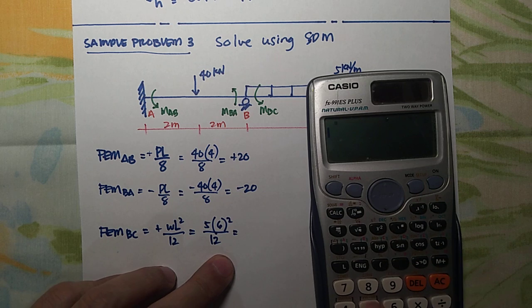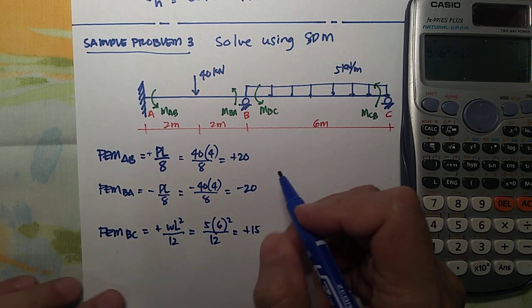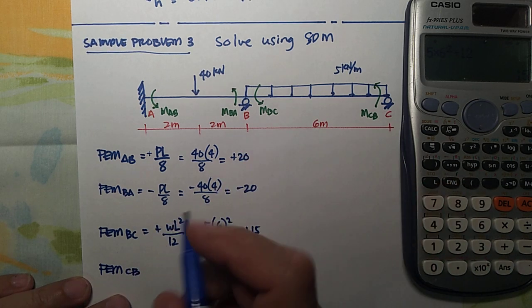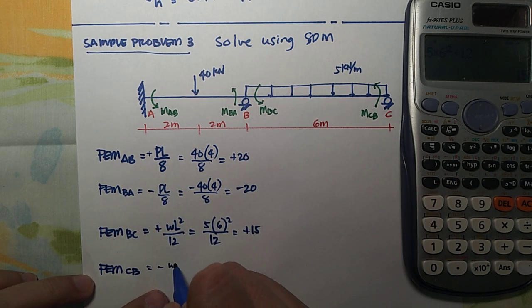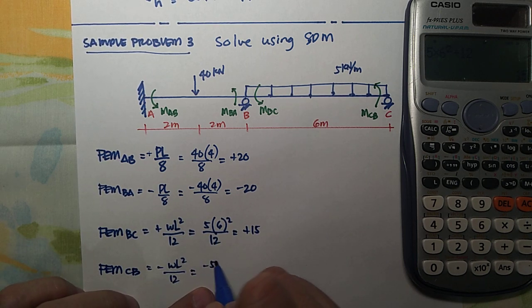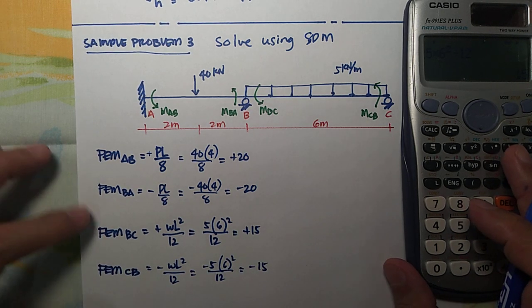So that is 5 times 6 square over 12, which is positive 15. While the fixed end moment on member CB would be negative WL square over 12, that would be negative 5 times 6 square over 12, that's negative 15. So these are the fixed end moments.